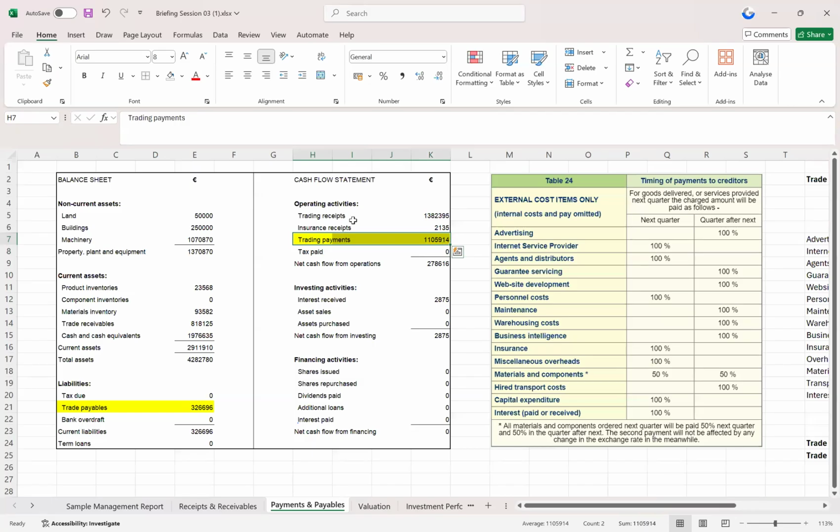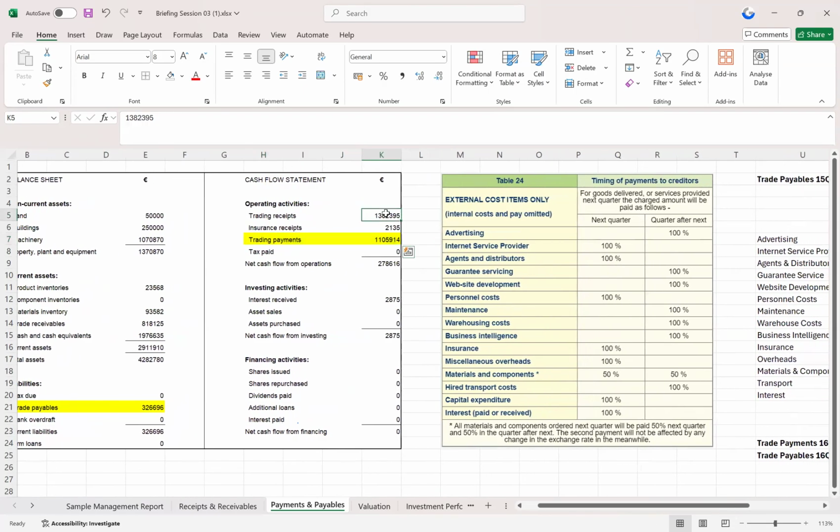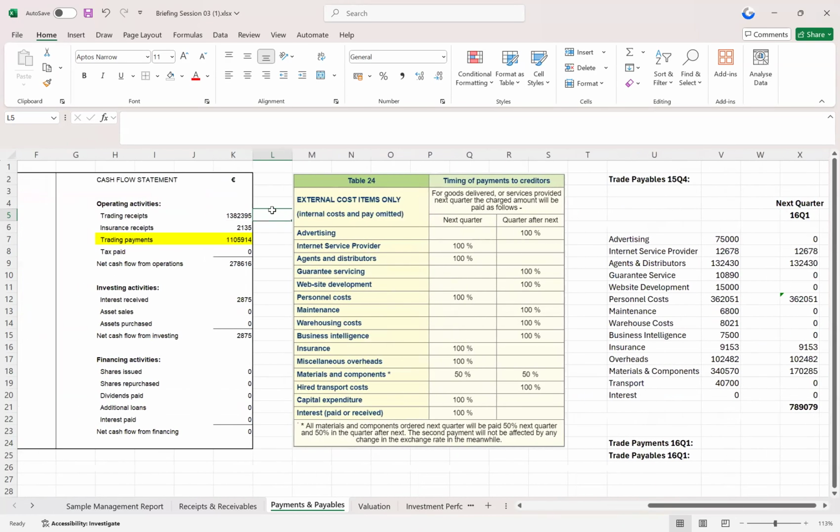This will give me an idea that my receipts are this. My receipts cannot be more than this. And my payments are coming, let's say, in X amount. So this cannot be more than this. And then I have to keep a little margin so that I don't end up disrupting my cash flow. So once you do these calculations, you will be able to manage your cash flow statement in a very positive way, which will further improve your company's performance. Is this part on payments and receivables clear now?